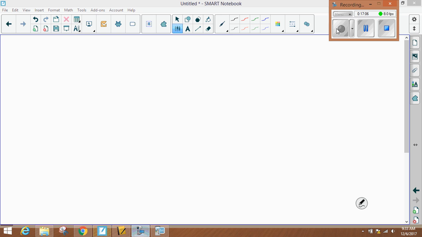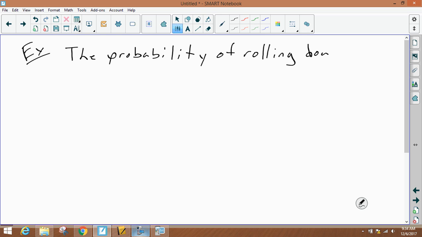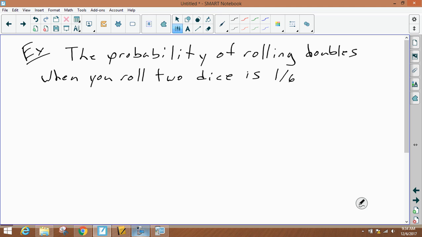All right, so here we go. Let's do an example. The probability of rolling doubles when you roll 2 dice is 1/6, okay?